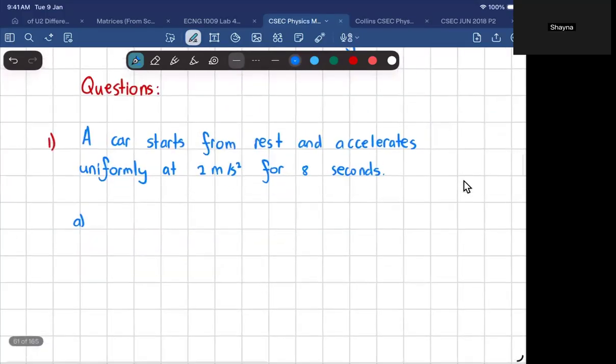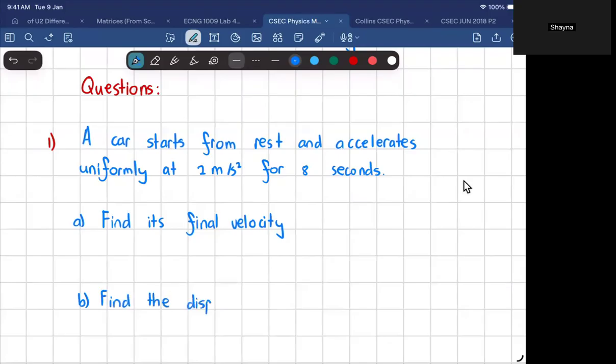First part, find its final velocity. Find the displacement.